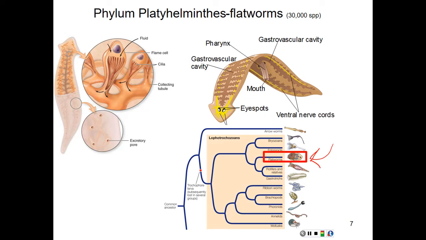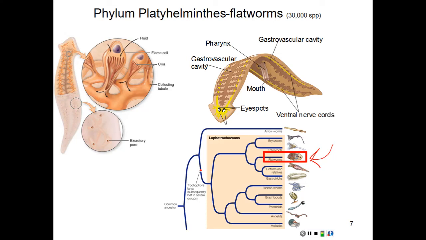So we have both free-living and parasitic members. They get their name flatworm because they are dorsoventrally flattened, which means it looks like somebody put them between a book and smashed them flat like a pancake. They can be quite small, only a couple millimeters long, to 20 meters long in the case of some tapeworms.